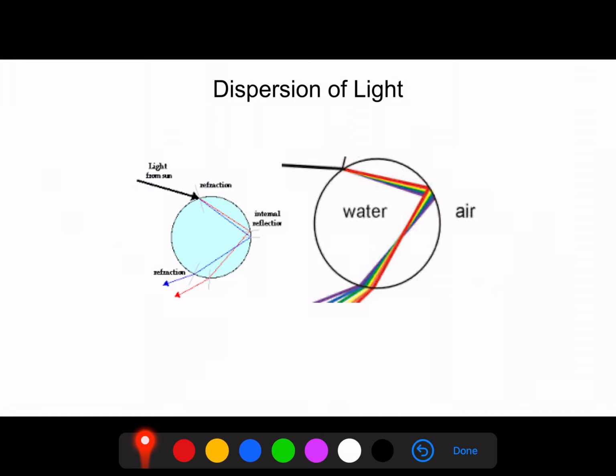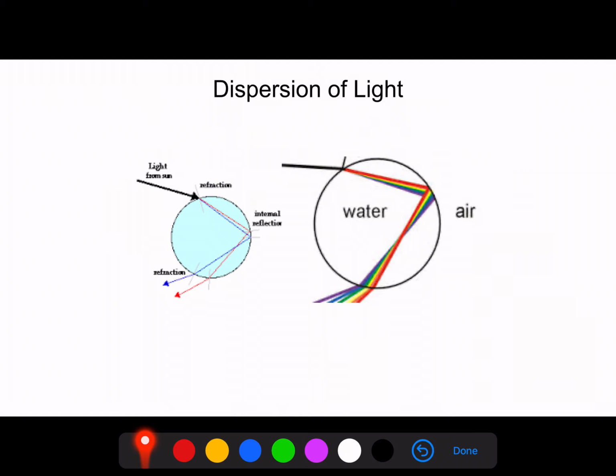And so we're familiar with this phenomenon as it applies to seeing rainbows in everyday life. Rainbows are happening by a combination of refraction, total internal reflection, and then this frequency dependence that we call dispersion.